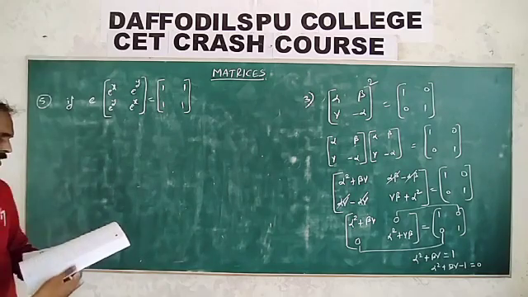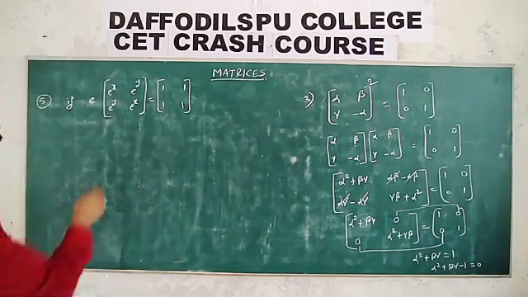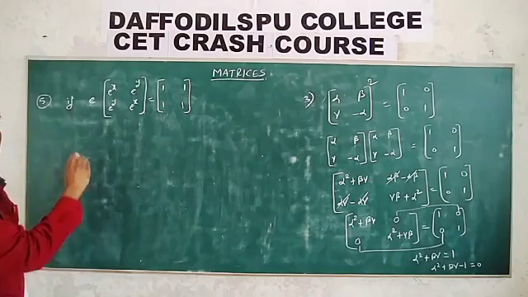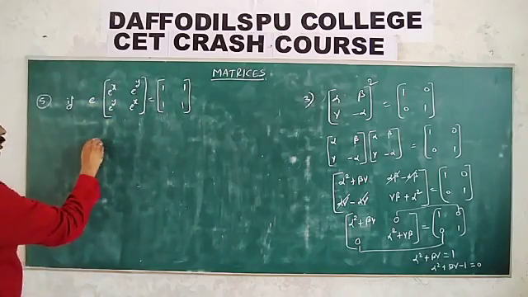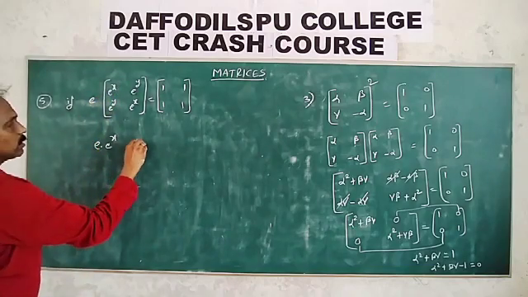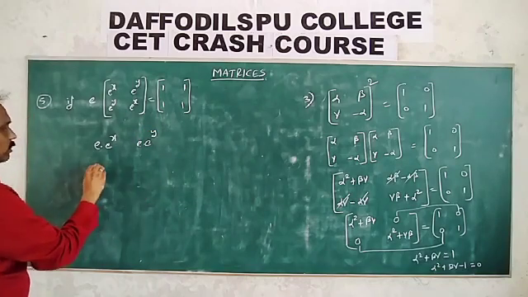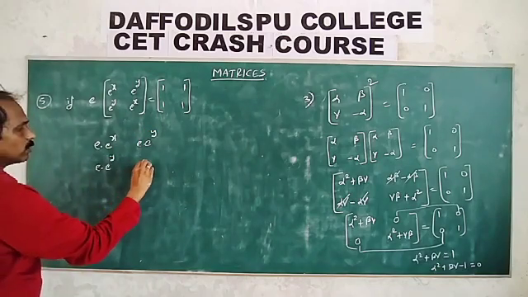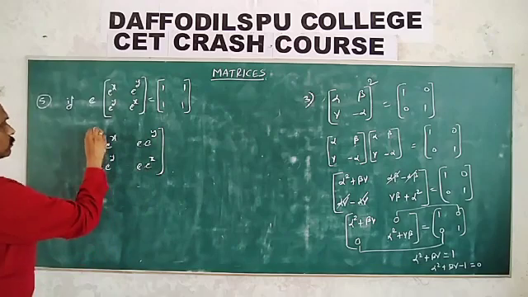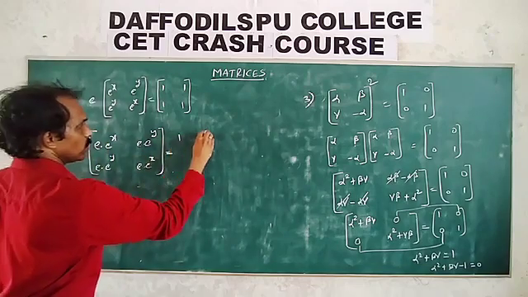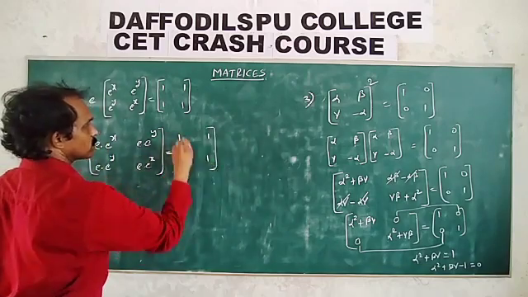First, multiply the scalar to all elements: e into e power x, e into e power y, e into e power y, e into e power x is equal to [1, 1; 1, 1].